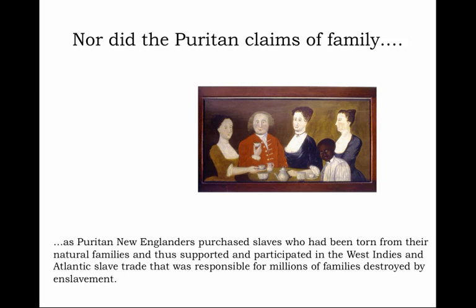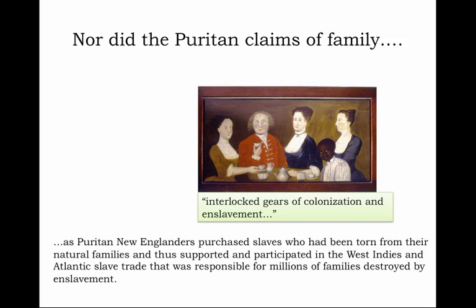But nevertheless, slavery is there, and in many ways, the Puritan family and Puritan society was just as intricately interwoven into the slave trades of the Atlantic world and into slave owning as anywhere else. As one historian references it, as the interlocked gears of colonization and enslavement.